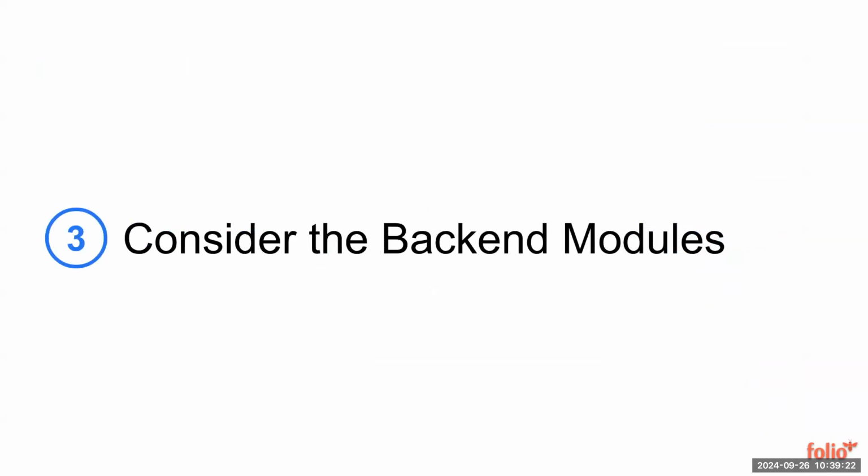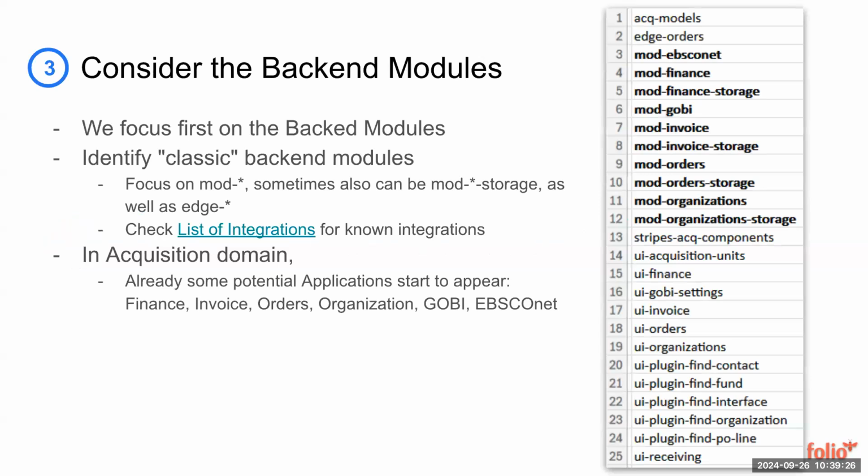First thing we do is we start with the backend modules, because there are many different types of modules, but the backend modules particularly are where the majority of the dependencies lie. So we need to identify where those are, and you can see there's a convention in Folio: backend modules tend to start with mod in their name.